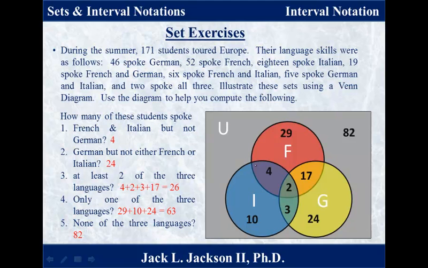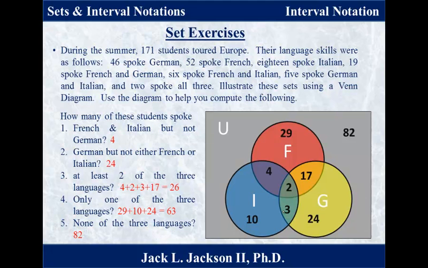So there's 6 in this part right here for French and Italian, but we already have 2 of them. So that leaves 4, 6 minus 2 is 4, that spoke French and Italian, but not German. Similarly, we had 5 speaking German and Italian, but we already have 2 of them that also spoke French. So that leaves 3 that spoke German and Italian, but not French.